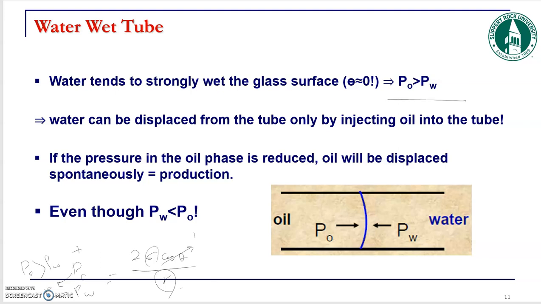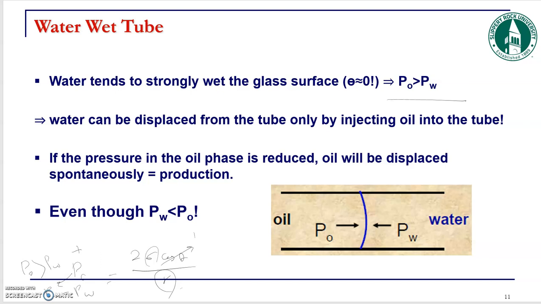And the implication is that if you want to displace water from that tube, you need to put some force on the oil to be able to displace water out of the capillary tube. However, if the pressure of the oil is reduced, the water will displace the oil automatically, or spontaneously, which causes the production.